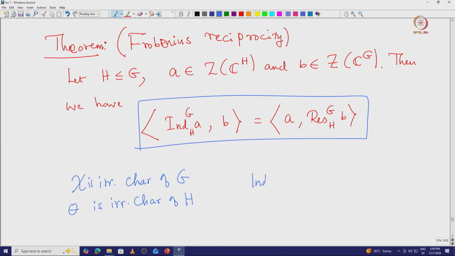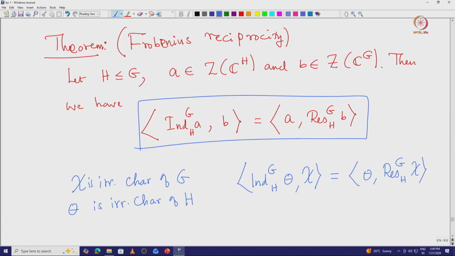So we all know that the multiplicity is captured by this inner product, and we are saying that this is exactly equal to the multiplicity of theta inside the restriction from G to H of chi.